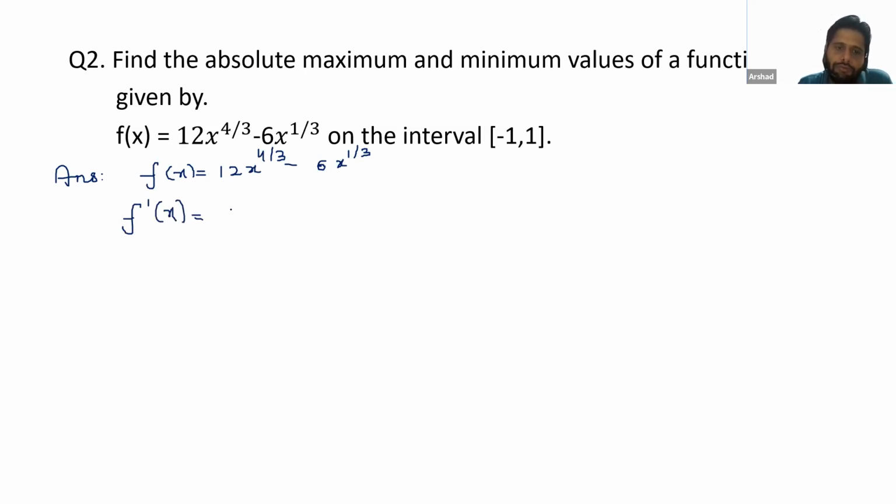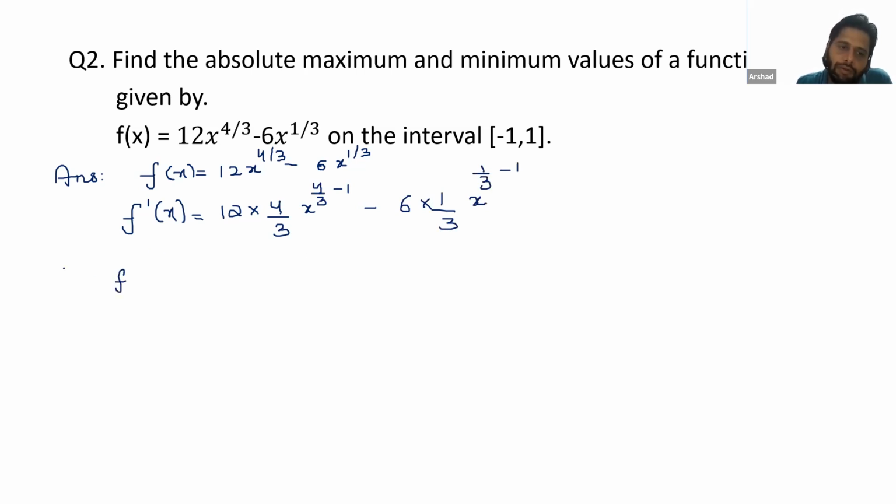Okay, let me solve this one. 12 into 4 by 3 x to the power 4 by 3 minus 1, minus 6 into 1 by 3 x to the power 1 by 3 minus 1.